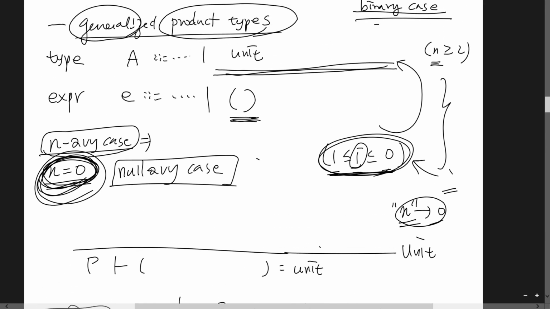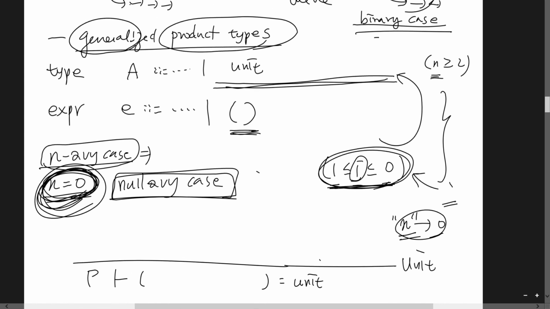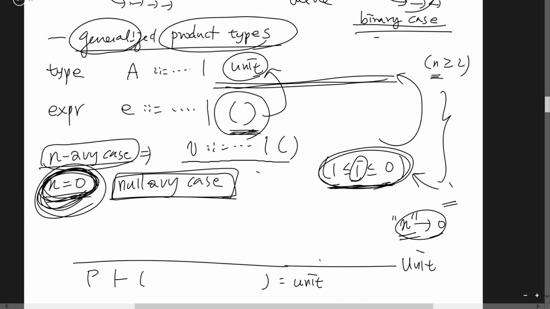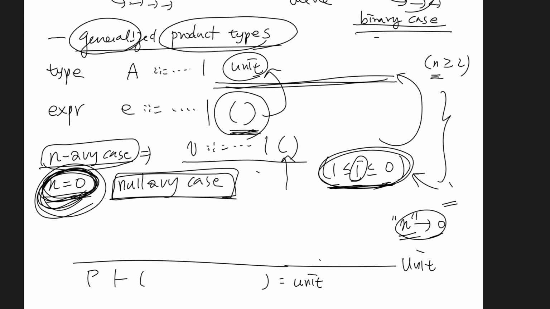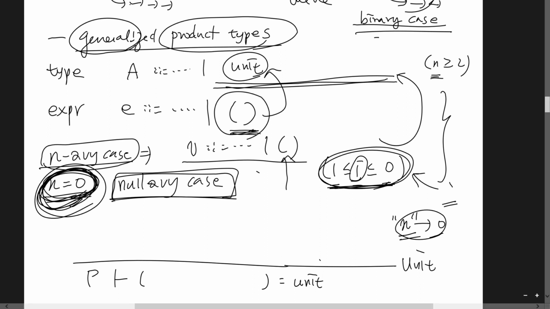So when we set n to 0, for the special nullary case of product types, we obtain this unit expression, which should be familiar from functional programming, and it has type unit. Of course, this unit is counted as a value because there's no further reduction here. So to summarize, if we set n to 0, in the nullary case we obtain unit and unit type as a special case of generalized product types.